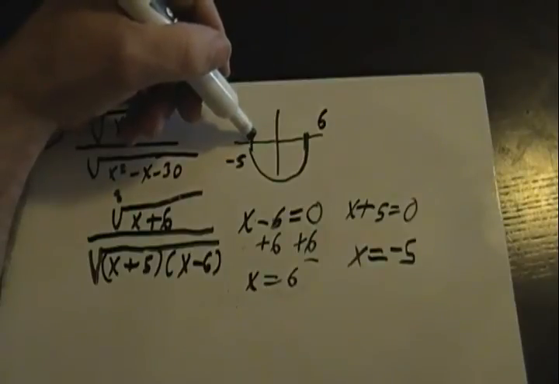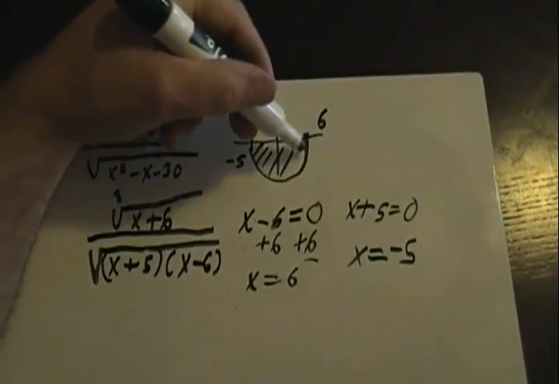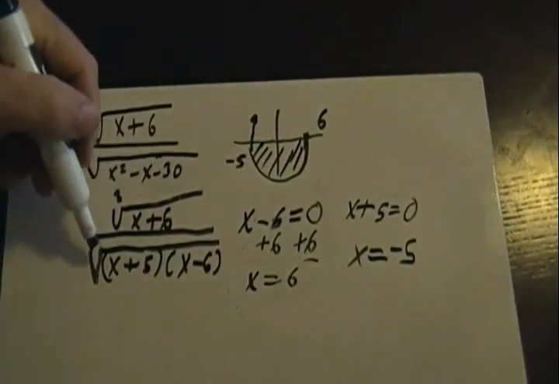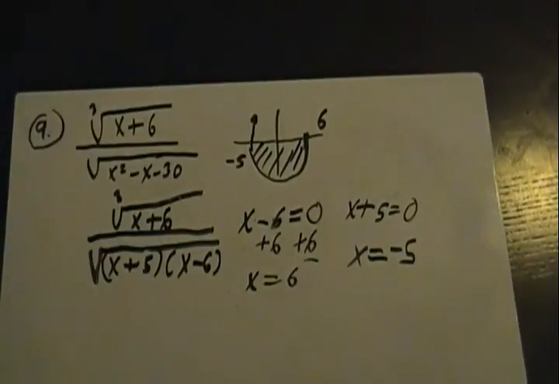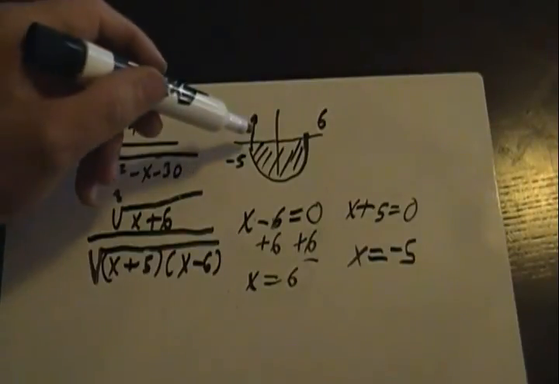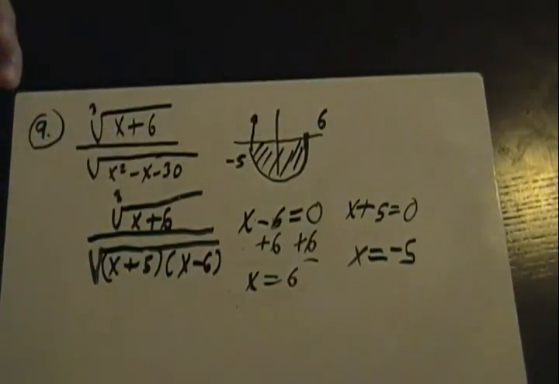So anytime the graph dips below the x-axis in this area, it would cause the denominator to be negative, which we can't allow because it's a square root. So basically, what's off limits is anything between negative 5 and 6.